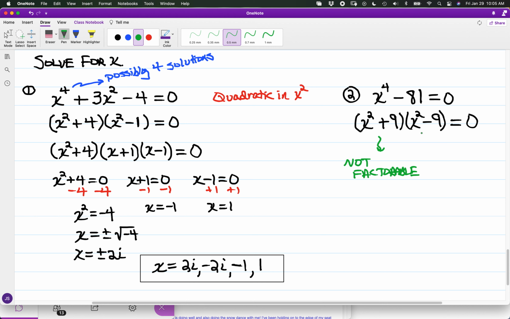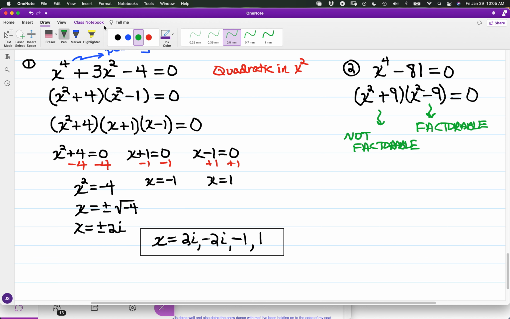In the case of the difference of squares, x squared minus 9 is factorable. So x squared plus 9 is already settled as its own factor, and for x squared minus 9, you have your option of factoring or not.